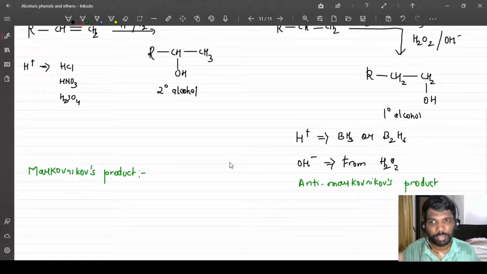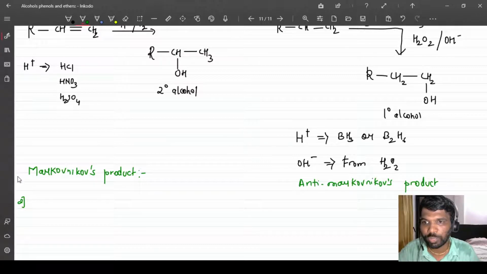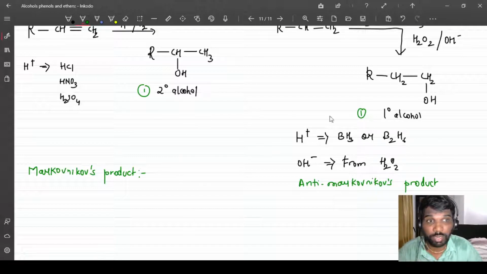Now, in the mechanism part, let's consider this the second point. The first point of difference was that one gives a secondary alcohol and the other a primary alcohol.